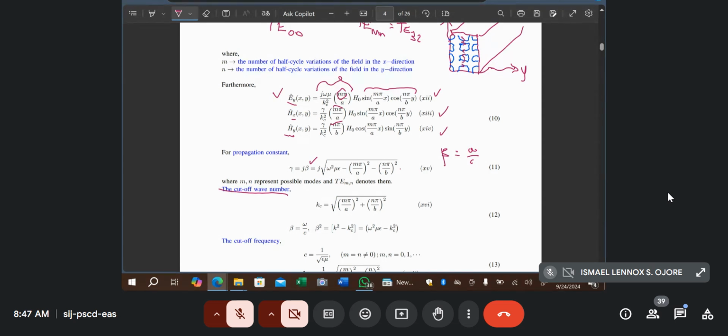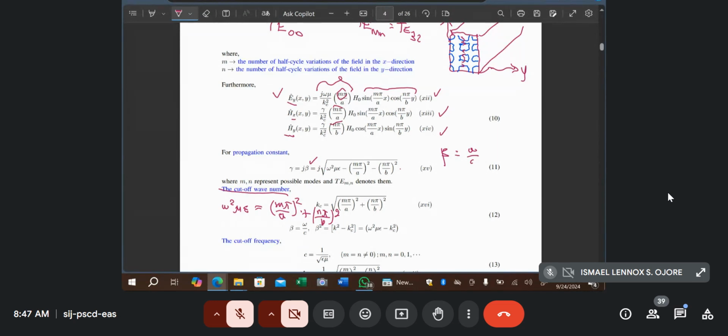So you will say that at that point beta is equal to 0, so you'll have omega squared mu epsilon is equal to m pi over a squared plus n pi over b squared.